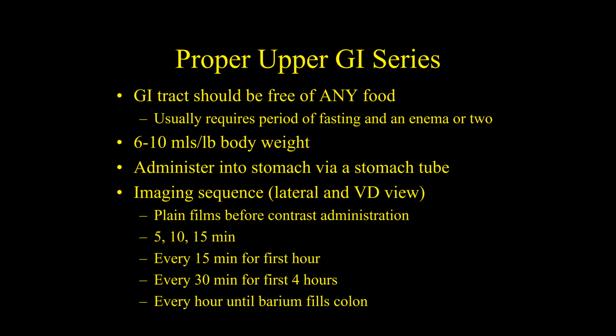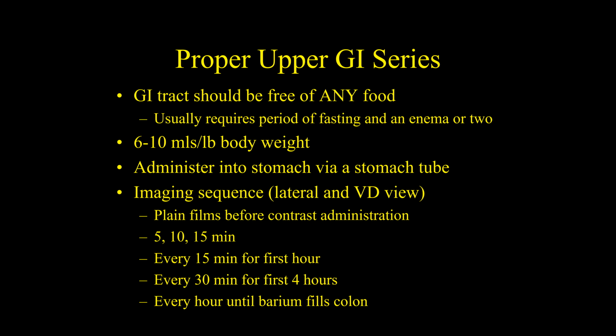Okay, how do you do an upper GI study? If you're in your practice and you've got a dog that's vomiting and you're wondering if he's obstructed or not, the first thing you want to do is take plain films. So you take plain abdominal films, and before you would even consider doing one of these studies, you've got to make sure that the stomach and the small bowel are empty. There's nothing in there, okay?